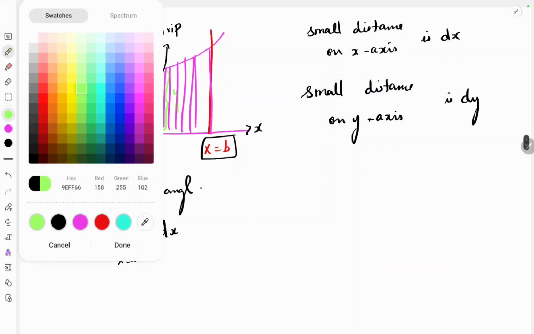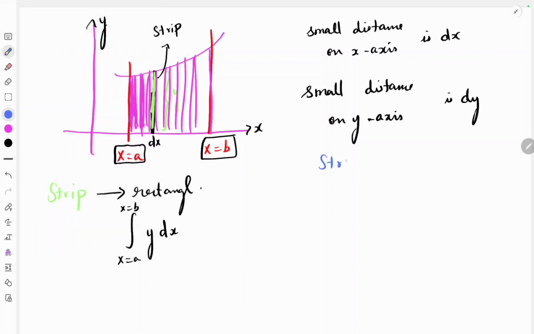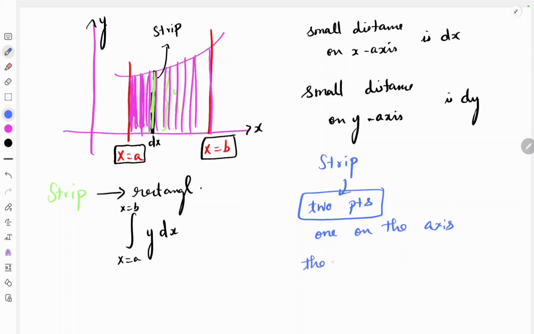The strip should touch at two points: one on the axis, the other on the curve, or it can be a line also.